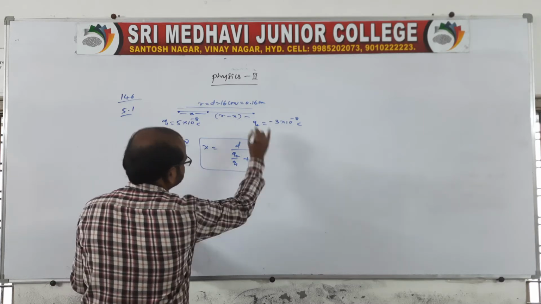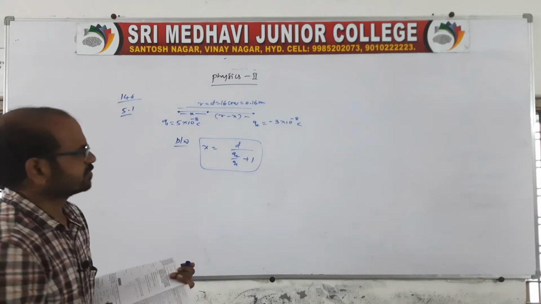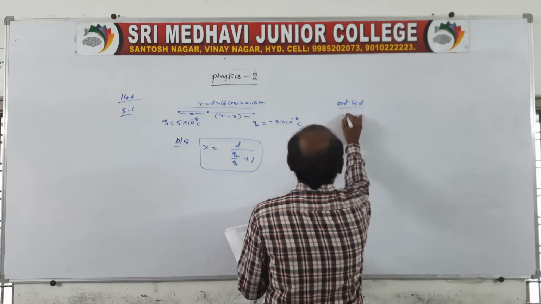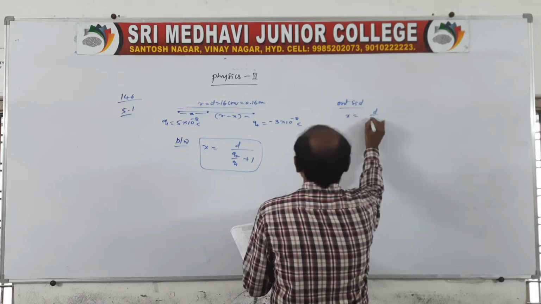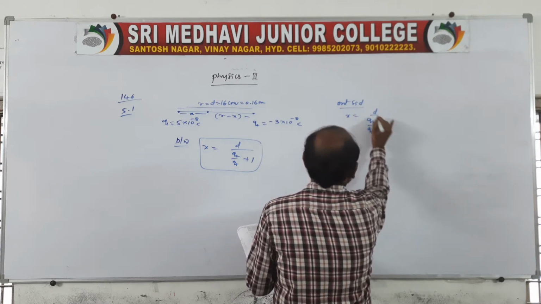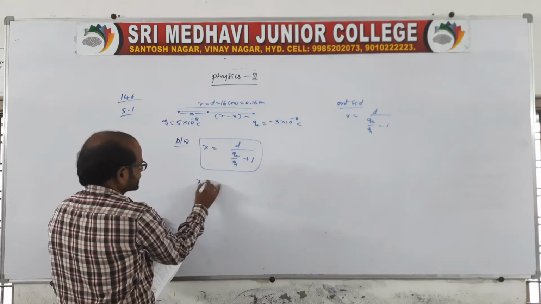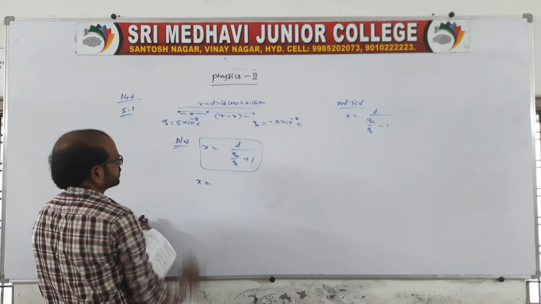Directly we can use this because we know between, and outside also we know, X is equal to D by (Q2 by Q1 minus 1). Now we are finding between the charges.